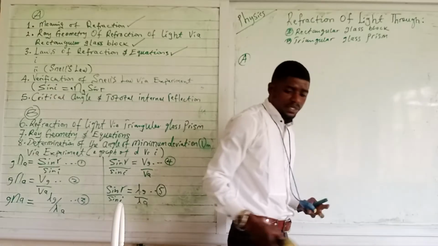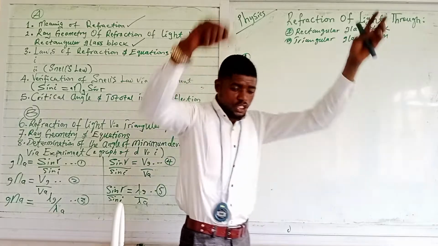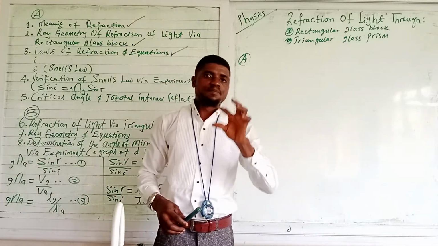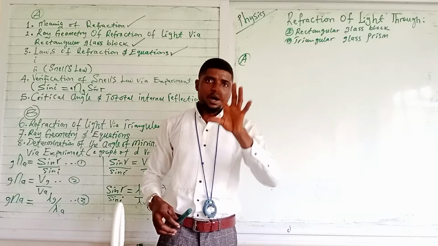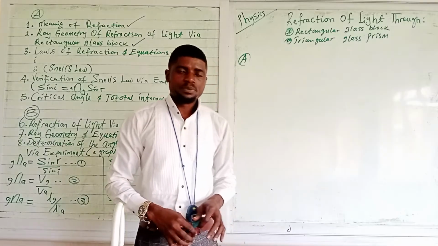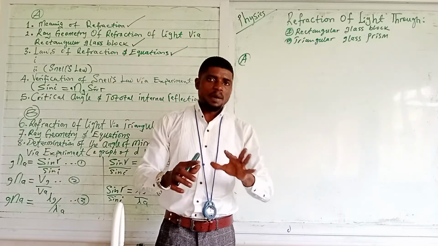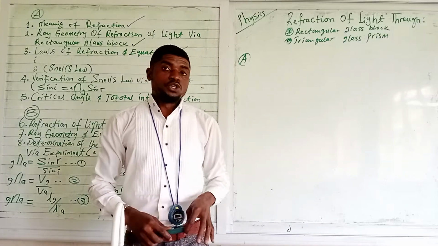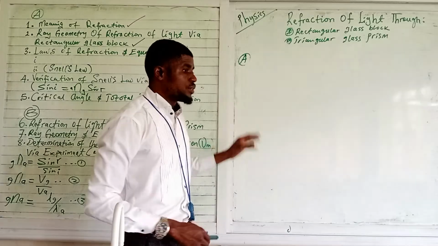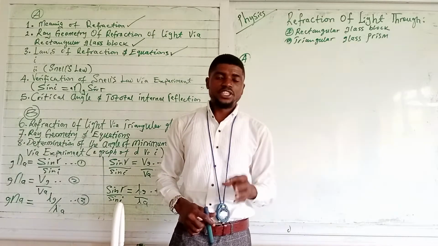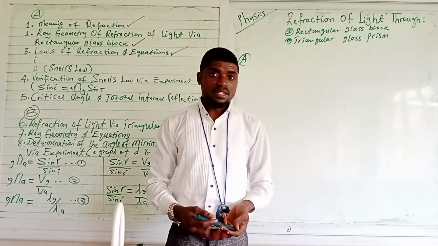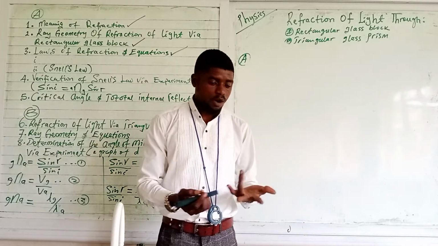Total internal reflection is something you need to know, because that is the principle with which fiber optics works. There's a topic called fiber optics, and questions in that topic keep coming every year. If you don't understand critical angle and total internal reflection, they will ask you to state and explain the working principle of fiber optics.